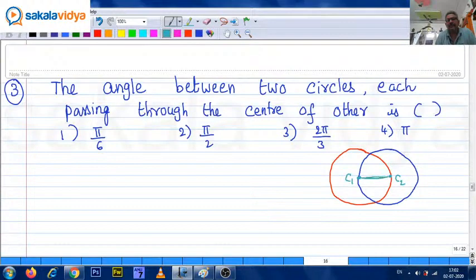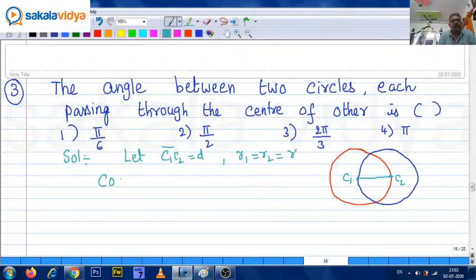This is C1, this is C2. So C1C2 equals D, and the radii of both circles are equal: R1 equals R2 equals R.